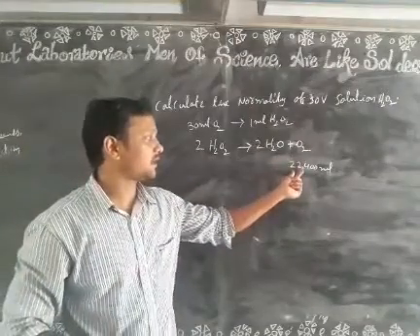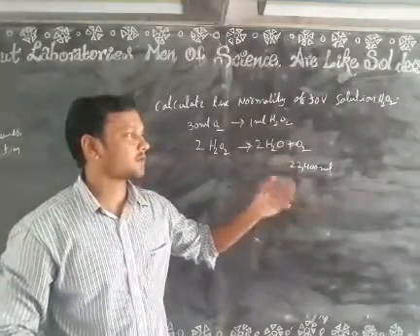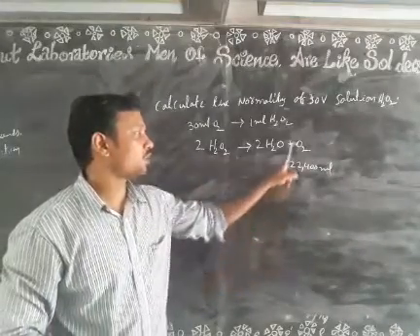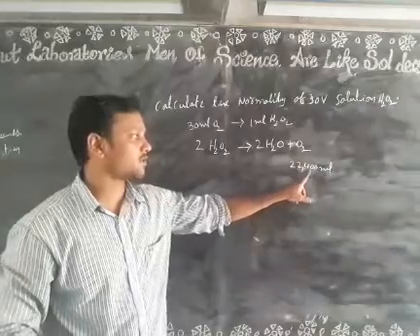So what is NTP condition? Normal temperature and pressure: 1 atmosphere pressure and temperature of 25 degrees centigrade. 1 mole of gas occupies 22,400 ml.